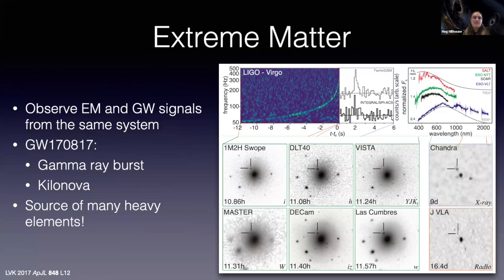So this thing that the telescopes saw was called a kilonova, and this kilonova was observed over many months. And that spectrum and the evolution of that spectrum helped us understand how many and which heavy elements were produced in this neutron star merger. In particular, a lot of the precious metals, so platinum and gold, come from kilonovae rather than supernovae for the most part.